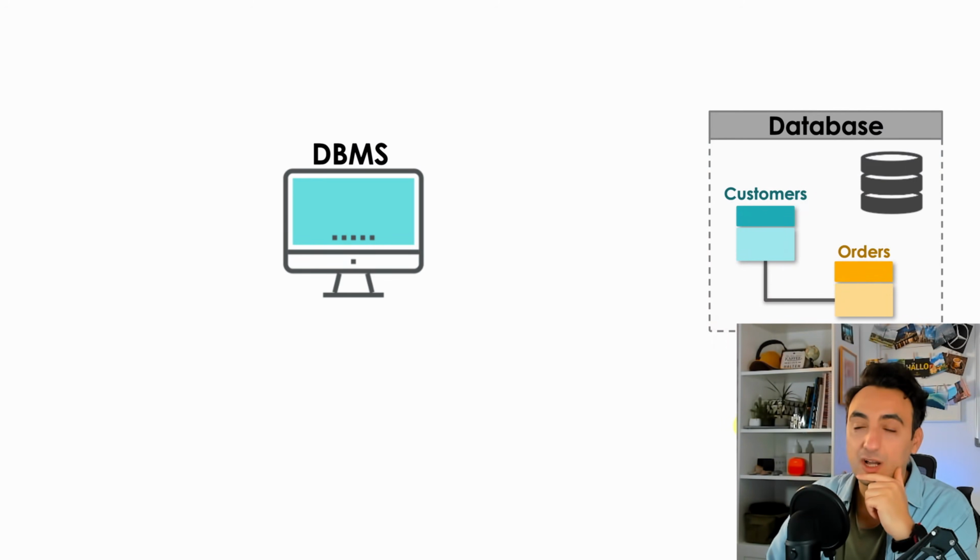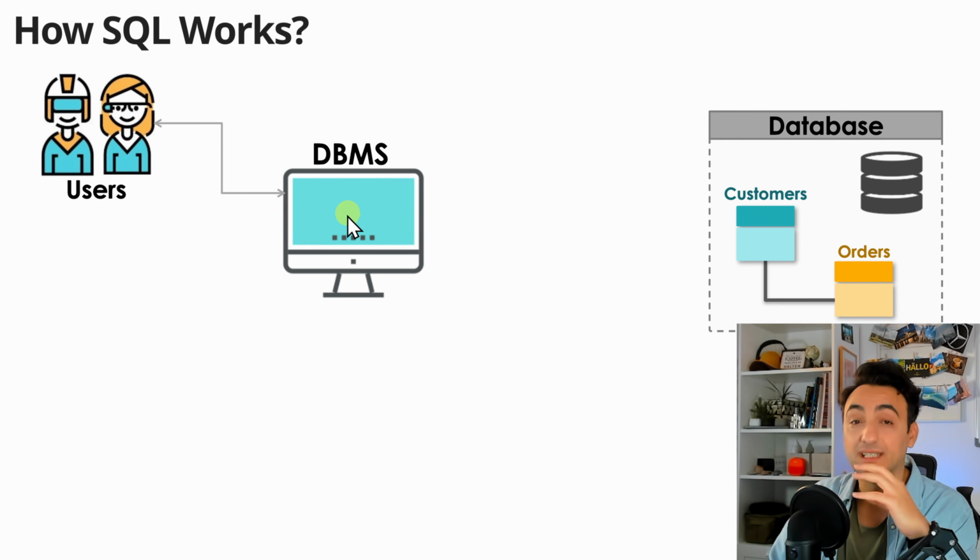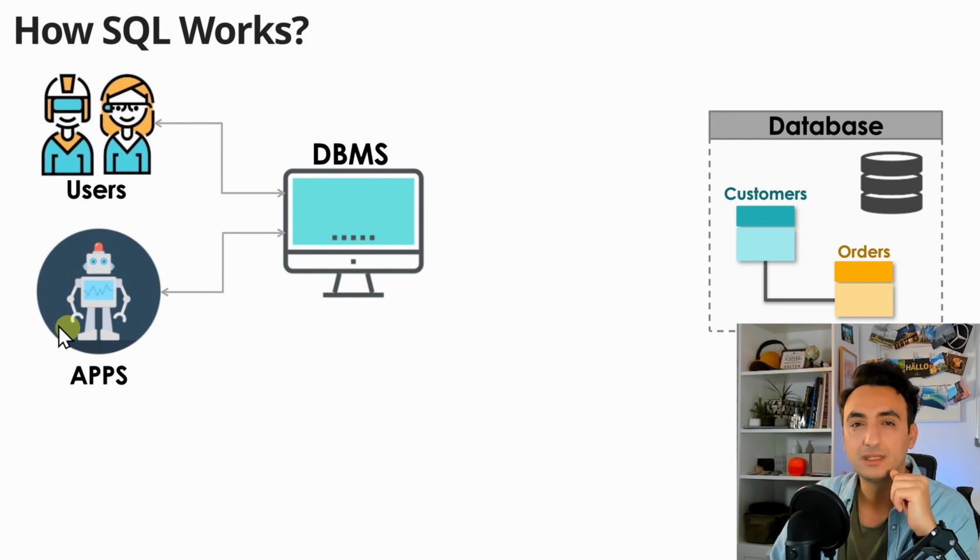Alright, you might ask me now, how does SQL really work? Let's check this. On the right side, we have our relational database where you store your data inside tables, and here we have our DBMS managing our database. The first thing that you do is log into the DBMS in order to interact with it, or if you are building applications, you need to connect them to the DBMS.